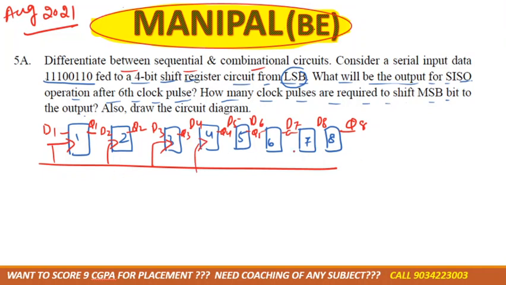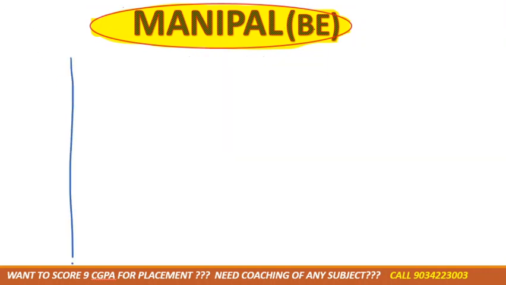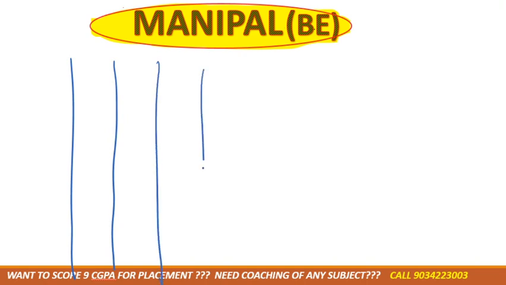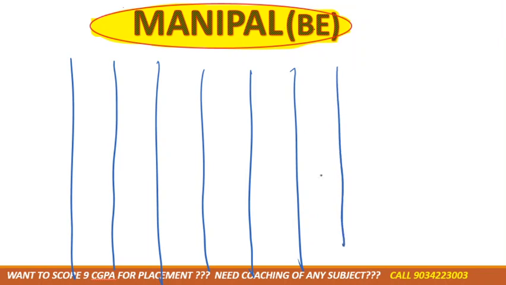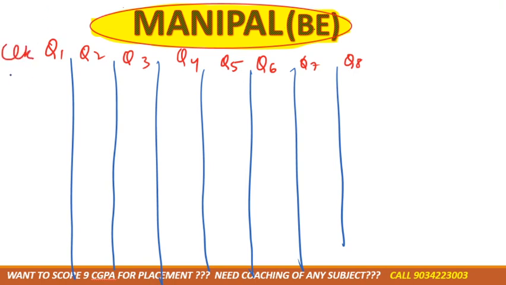Now we need to draw about the main. They are asking for the truth table. So how many are the outputs? 8 outputs. So we need to draw for 8. Like suppose it is Q1, Q2, Q3, Q4, Q5, Q6, Q7, Q8 and a clock pulse. Correct?